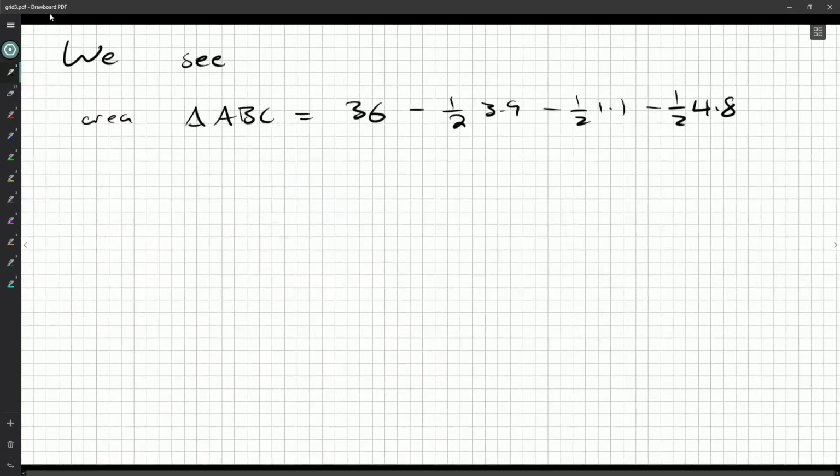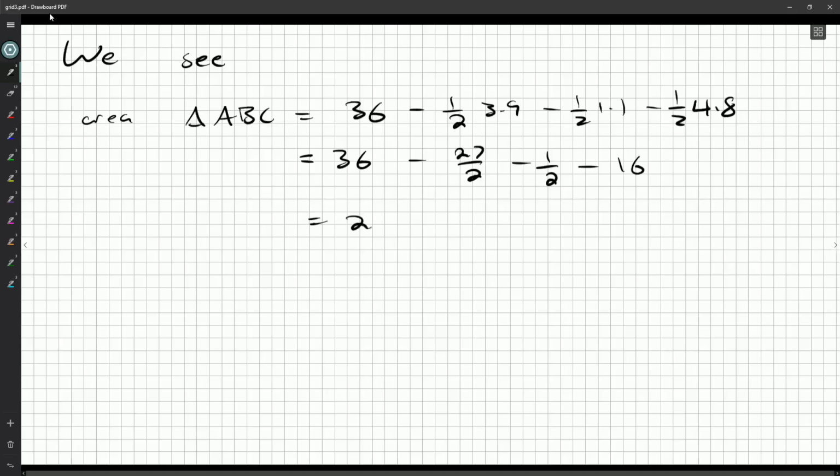This actually reminds me of a Euclid paper, I want to say from 2008 or 2009. I feel like there was a similar setup with a parabola and a line, and you ended up having to use a rectangle bounding it and subtracting off some right angle triangles. Anyway, we get 36 minus 27 over 2 minus 1 over 2 minus 16.